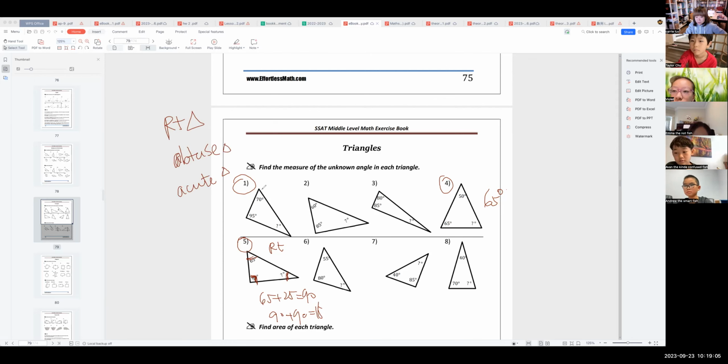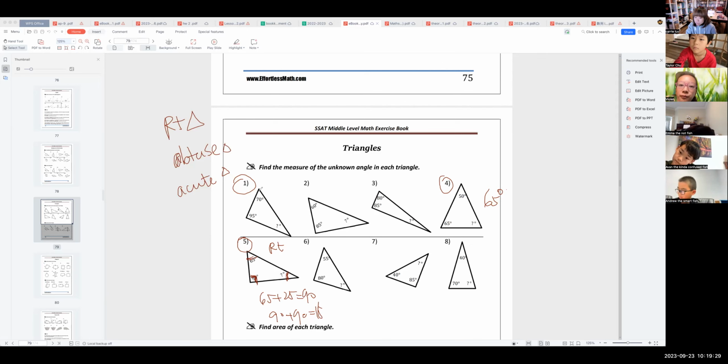So Violet, let me ask you, is this one right, obtuse, or acute? Right. Why is it right? Because it has a right angle. Which one is the right angle? The 95 thing. Is 95 a right angle?